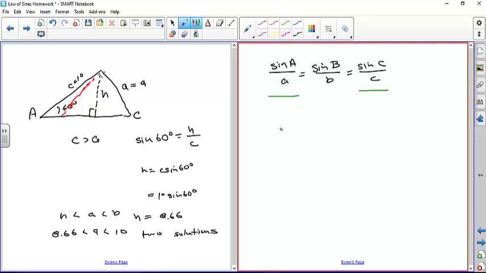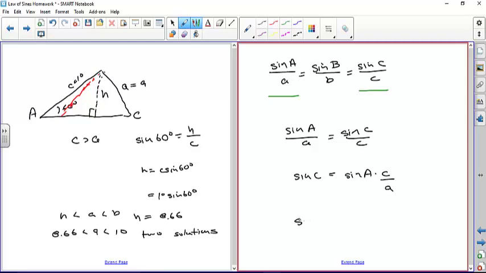So let's just set it up here. You get the sine of A over A is equal to the sine of C over C. So to find angle C, you've got to find the sine of angle C. So we solve for the sine of angle C. All we have to do is get this length C to the other side. So it's going to go from the denominator to the numerator.